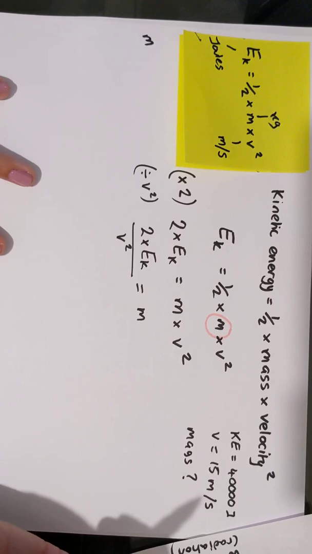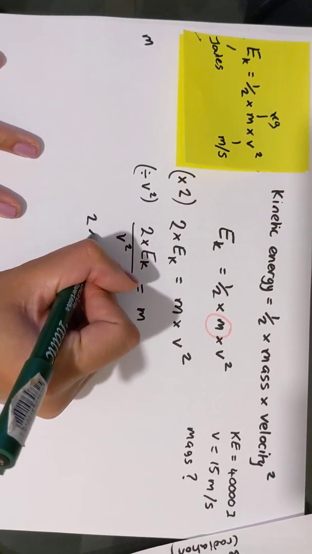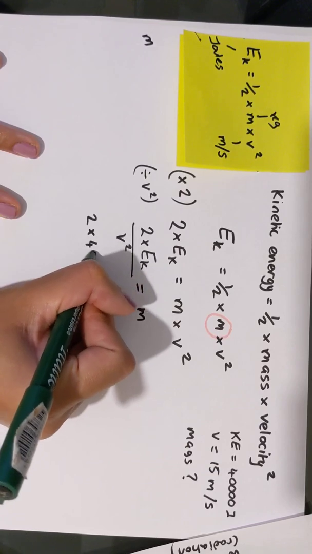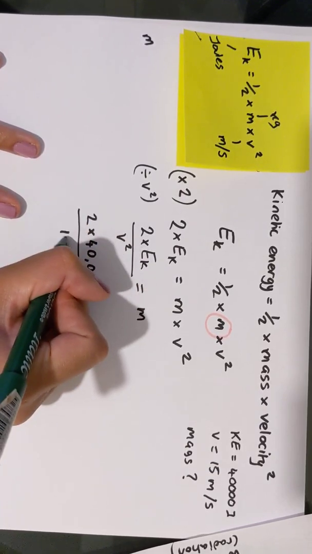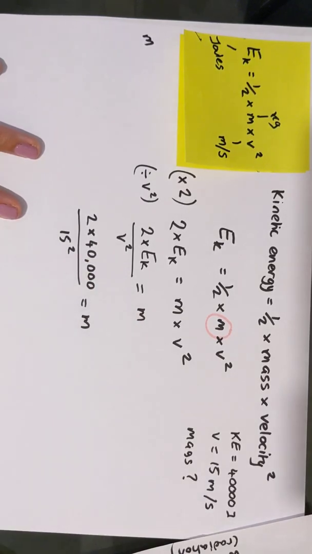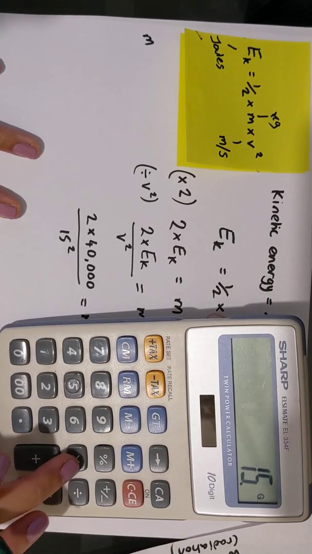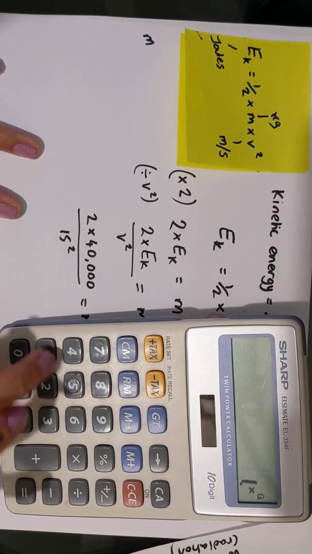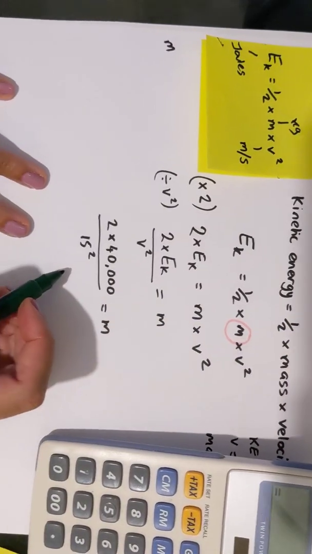Now I can put my numbers in. So we're going to have 2 times 40,000 divided by 15 squared equals mass. Okay, so 15 squared is 15 times itself, so that's 225.